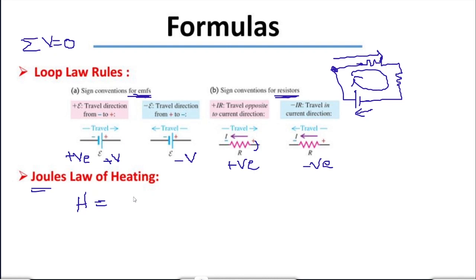This heat is directly proportional to the square of the current, the resistance of the material or device, and the time. So H equals I squared R T. Here I is the current, R is resistance, and T is time. You just need to remember this formula, and we are going to solve problems on this too. Got it?